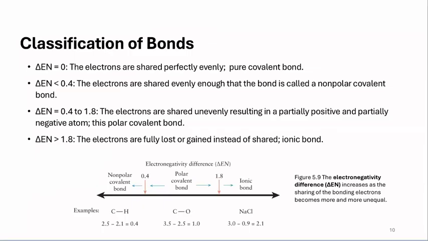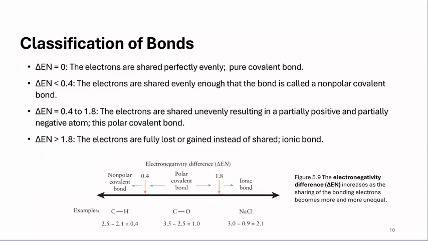In this textbook, when it comes to classification of bonds, figure 5.1 gives the distribution for looking at all the types of bonds that may exist in different molecules.